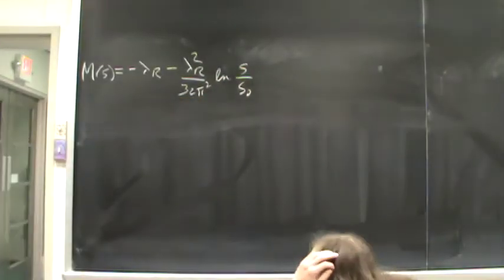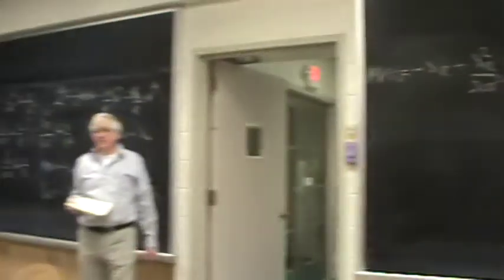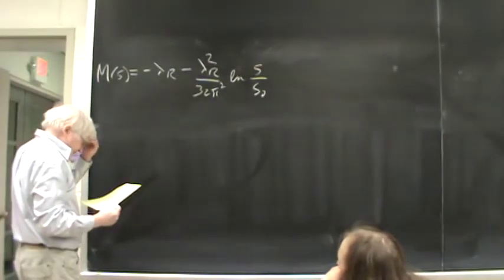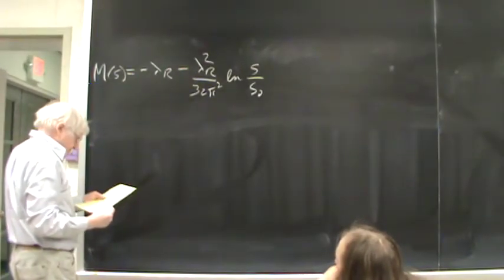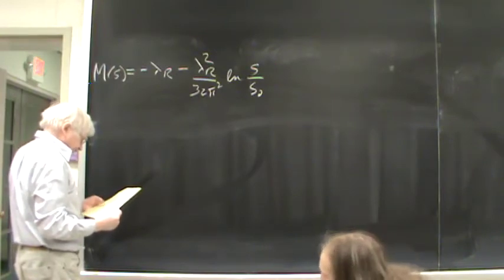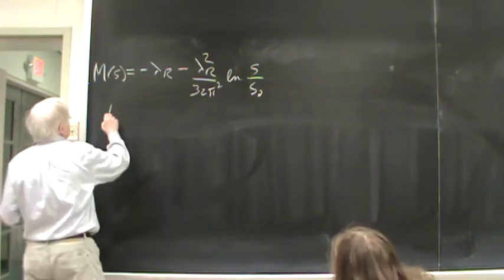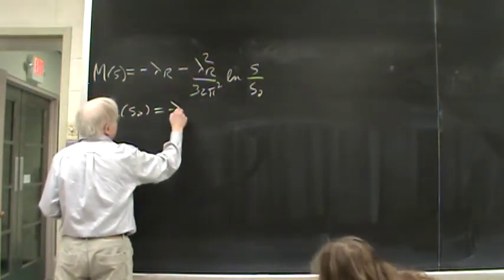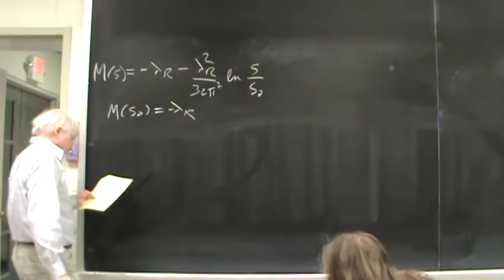So basically, I think the first procedure made a lot more sense than this procedure. Okay, and of course it's still true that m of s0 is minus lambda r.